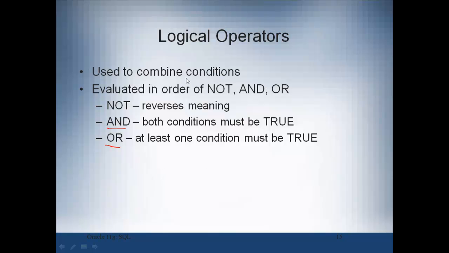If you have the and logical operator, that means both conditions must evaluate to true in order for the entire condition to be true and that particular record to be returned in your results. The or logical operator indicates that only one of the conditions must be true in order for the record to be returned as part of your results.